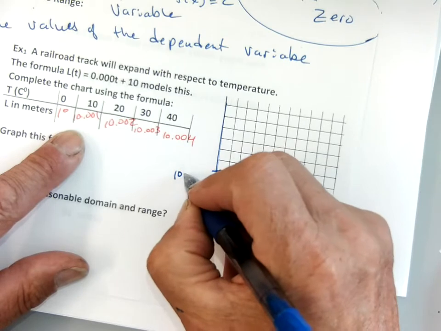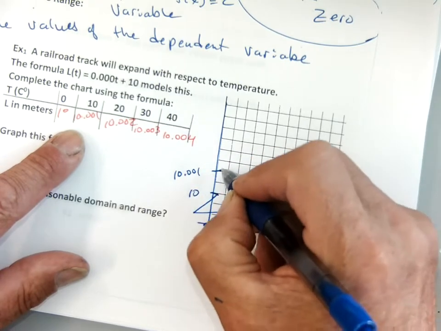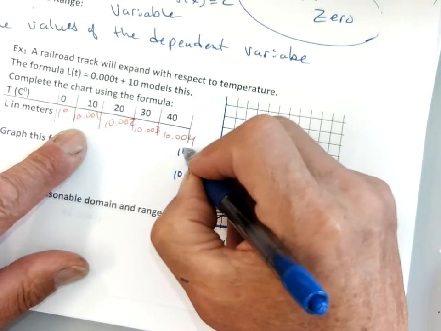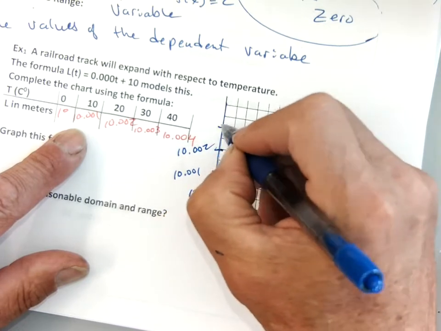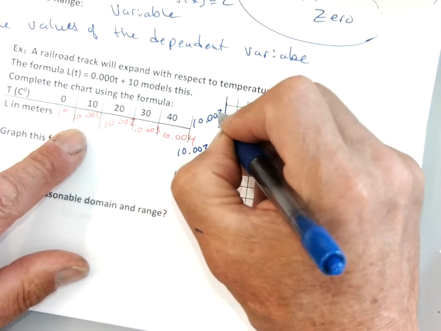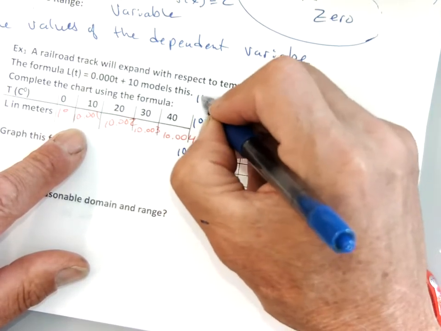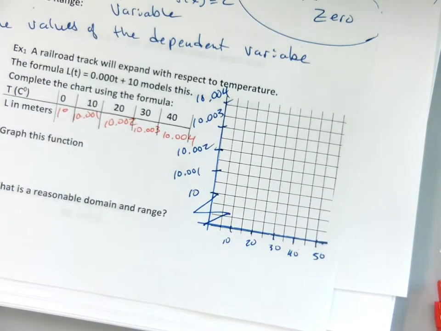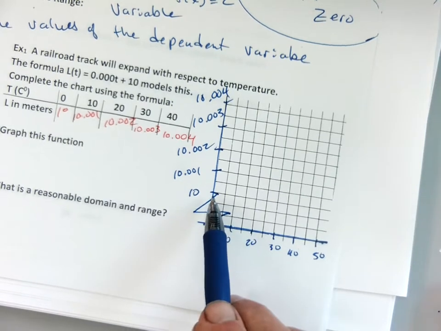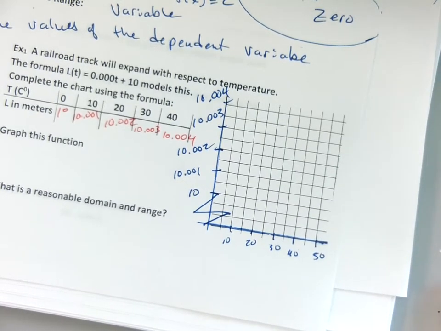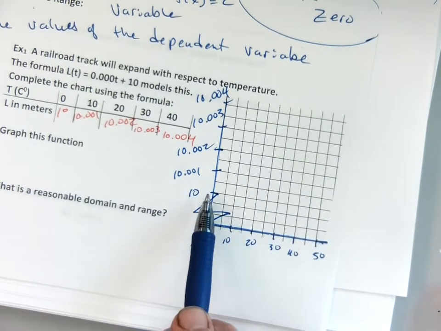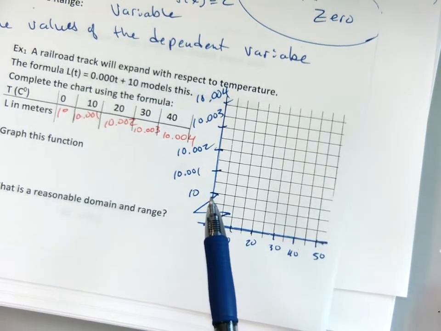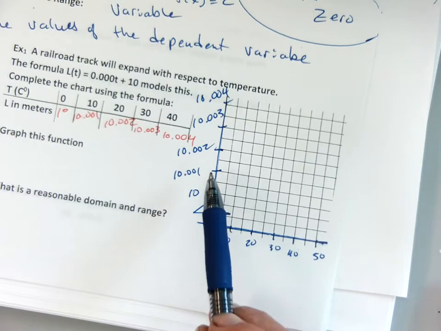I'll go 10.001, 10.002, 10.003, and 10.004. Okay, so I don't want to change the scales in between, but I can squish all of this up to 10, okay? So I compressed the graph. From 0 to 10 has been compressed because I went by, well, thousandths, right?